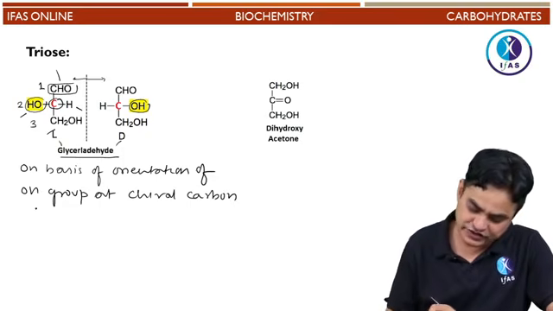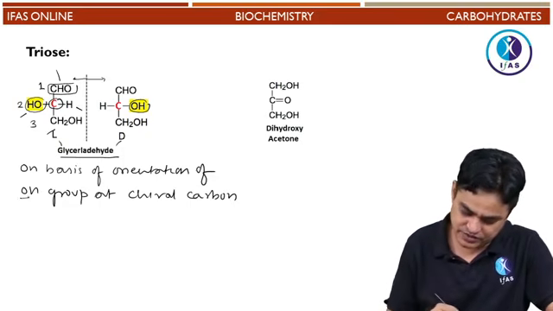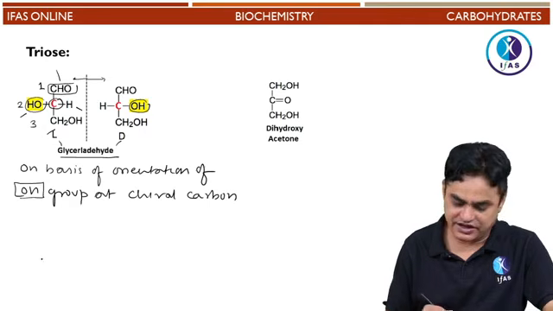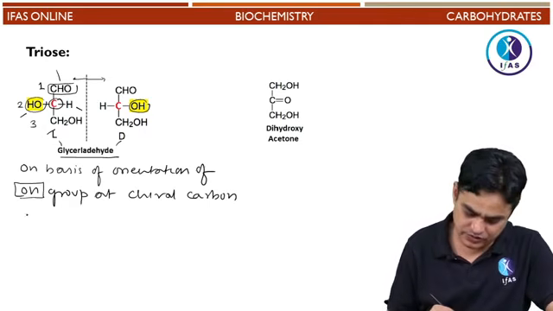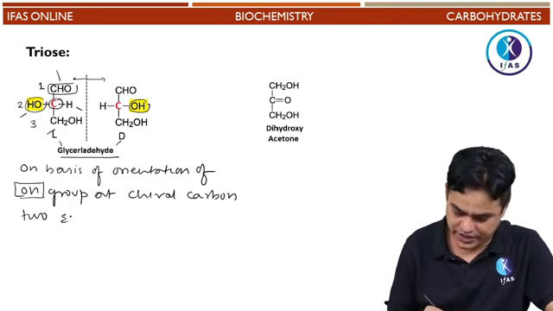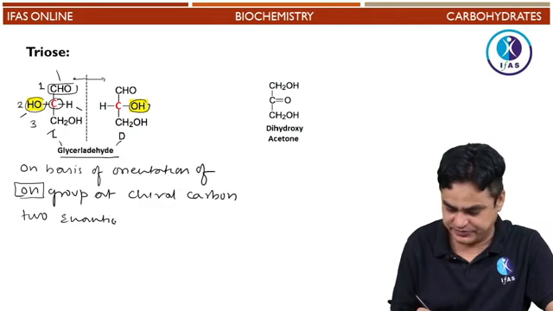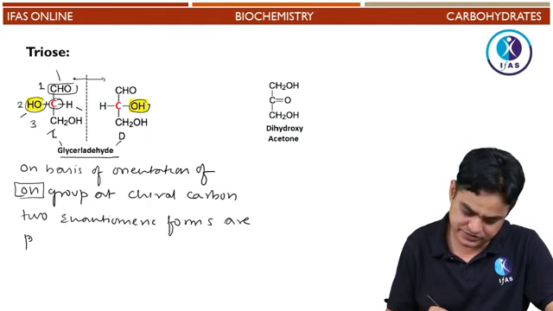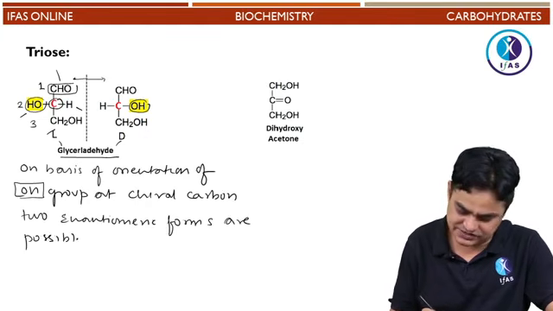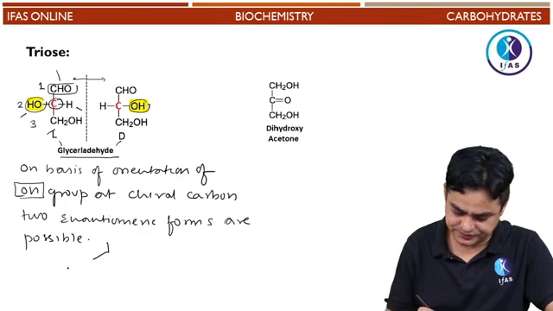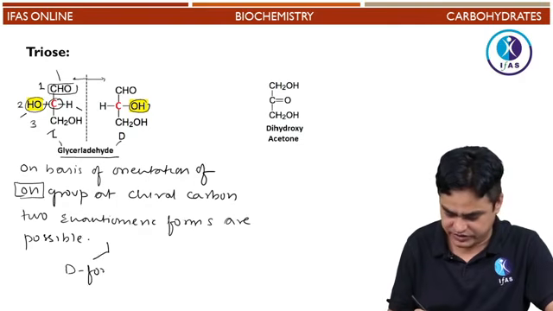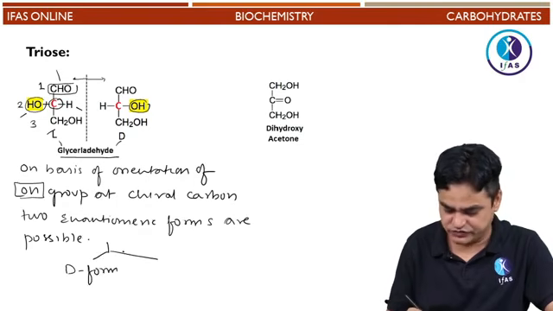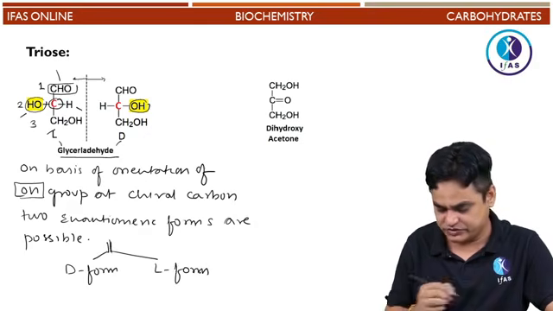So on the basis of orientation of the OH group at a chiral carbon, 2 enantiomeric forms are possible. Enantiomeric forms we will study later; these are mirror images, that is, the D form if the OH group is on the right side, and the L form if the OH group is on the left side.